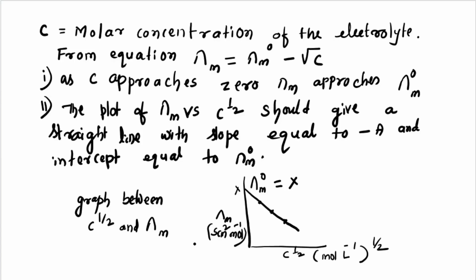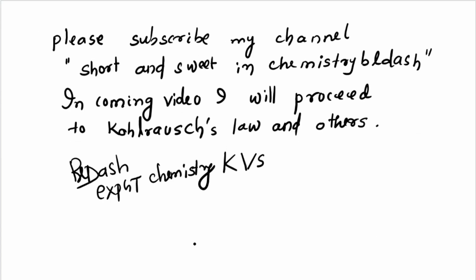This is the graph where you get a straight line with intercept lambda m0 and slope equal to minus A.